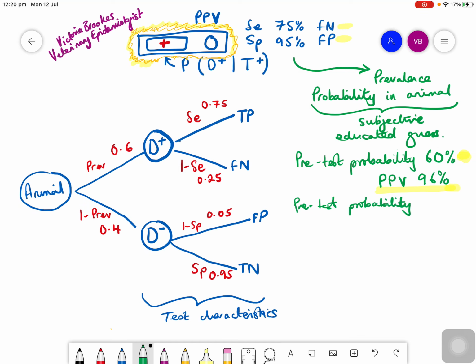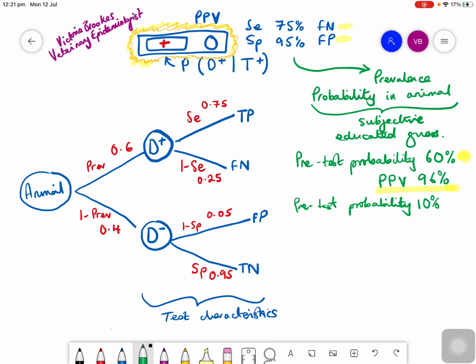Perhaps this is a disease for which the usual prevalence is generally quite low, or the individual animal doesn't have all of the clinical signs that we might expect with this disease. So we're only about 10% sure, or giving a 10% probability, that this animal might have disease.